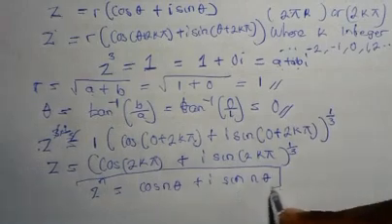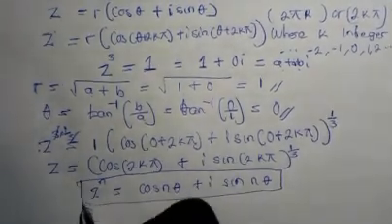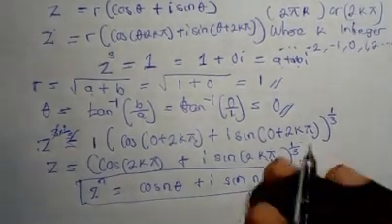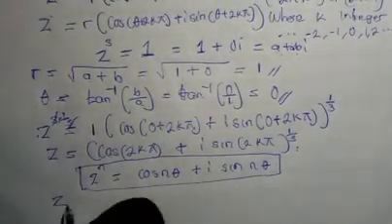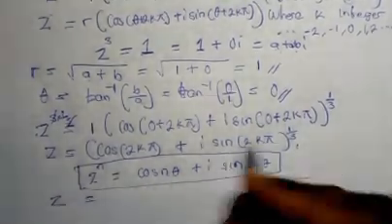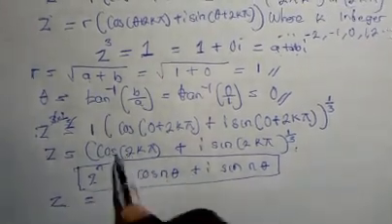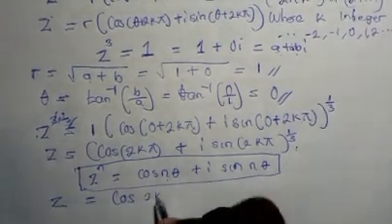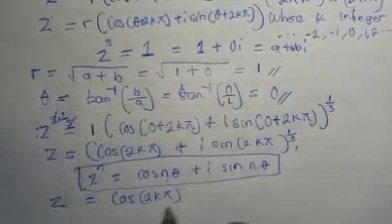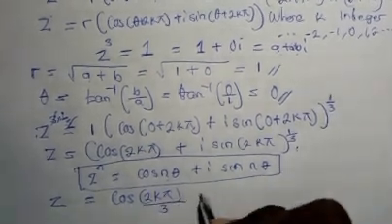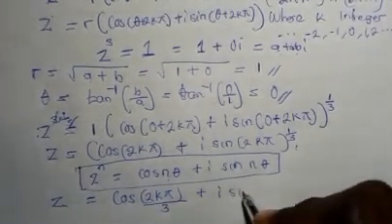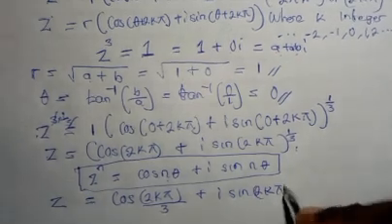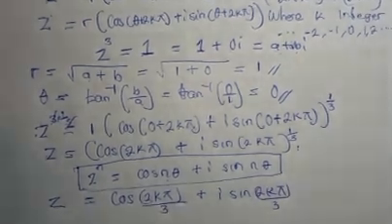Using this property, we can say that z is equal to cos 2k pi all over 3 plus iota sine 2k pi all over 3.